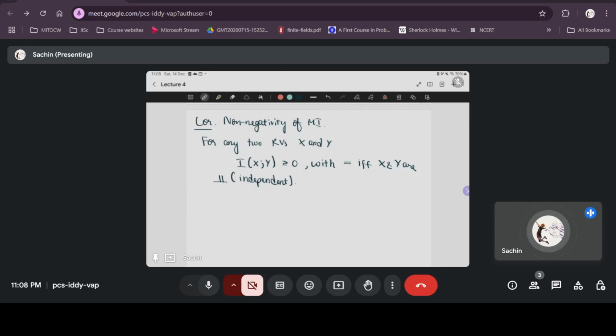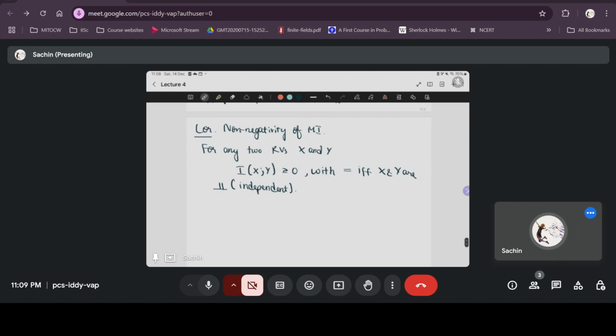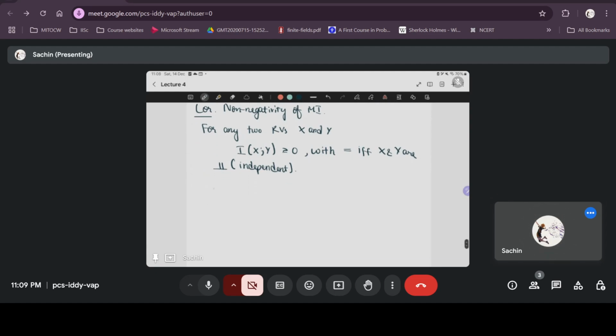And you could follow a similar procedure as what we did for Jensen's inequality, but directly we can write the proof, since we already have the proof for relative entropy.